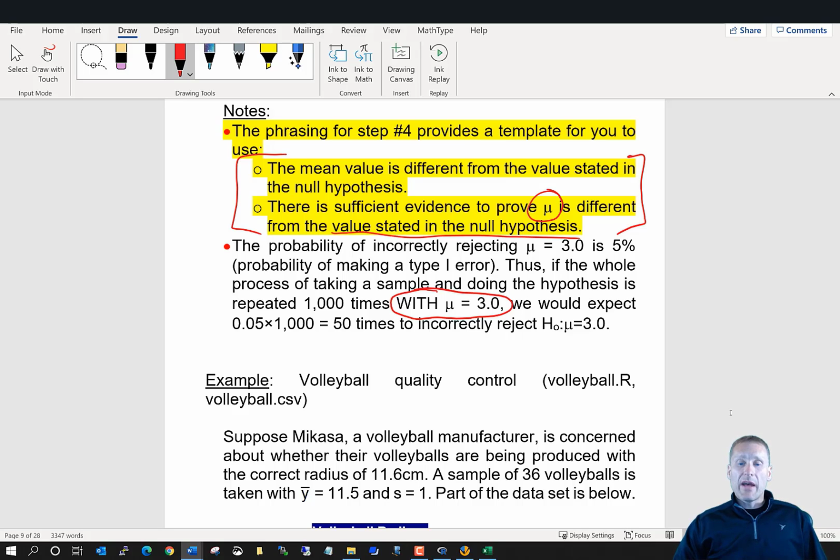Then we would expect 5%, in other words, about 50 times, to incorrectly reject mu equal 3.0. This is how to interpret this type 1 error.